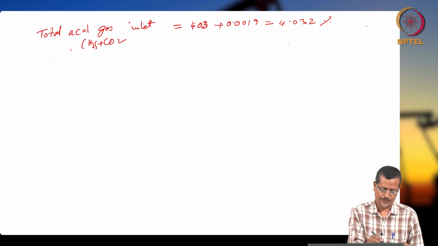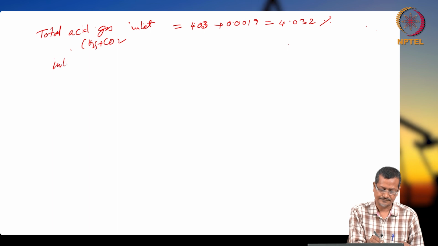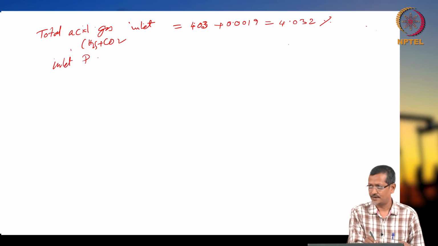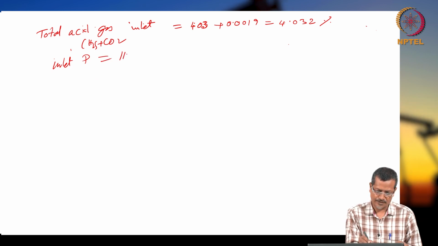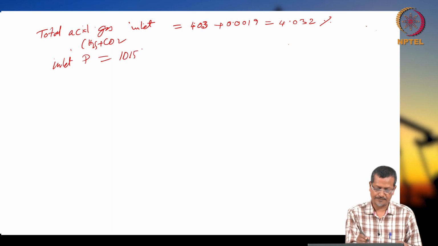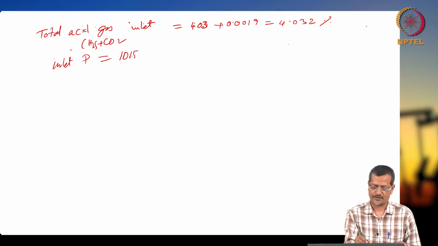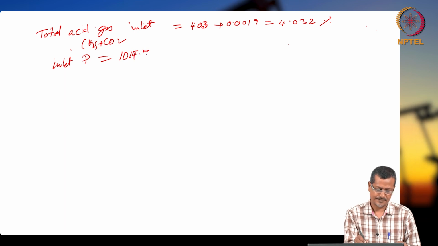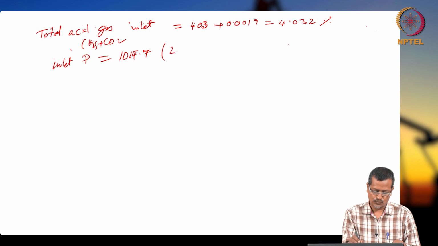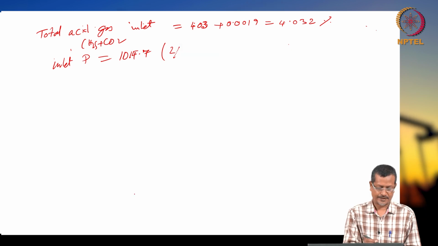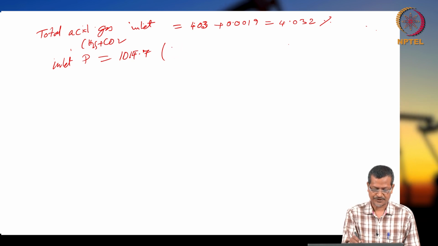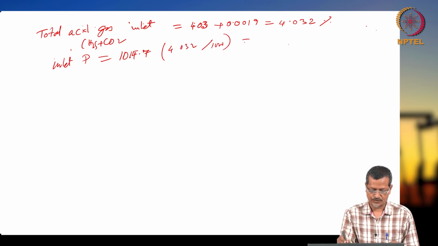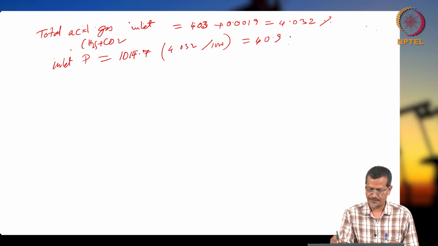So CO2 exit, then inlet partial pressure for acid gas will be 1015, because it is 1000 plus 14.7. The inlet acid partial pressure equals 1014.7 times 4.032 divided by 100, which gives 40.9 psi.